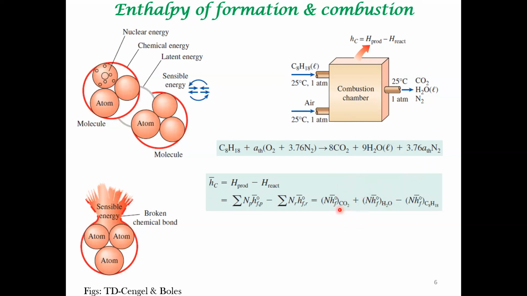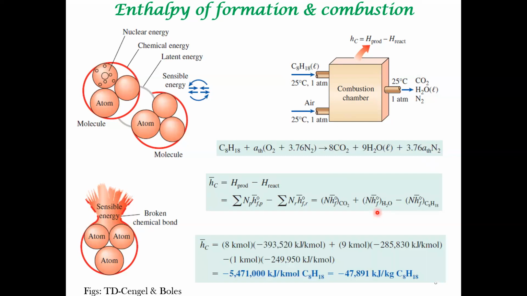These quantities are available in tables. You should know how to read these tables appropriately, and from here we can calculate the enthalpy involved in combustion. For example, go through some of the solved problems and problems available in your textbook. To also get a measure of what enthalpy of combustion we are talking about, how much energy is changed.